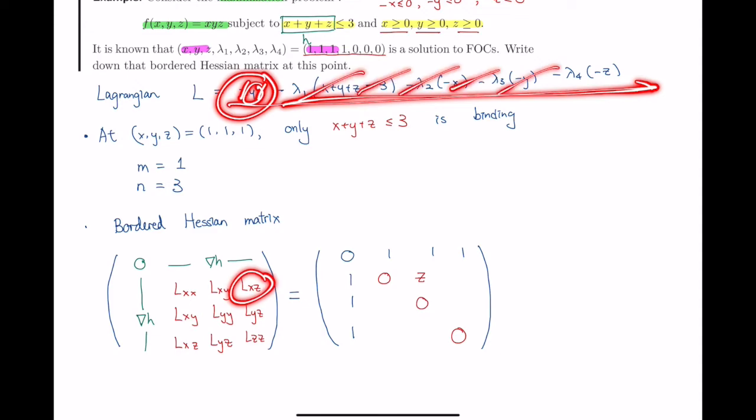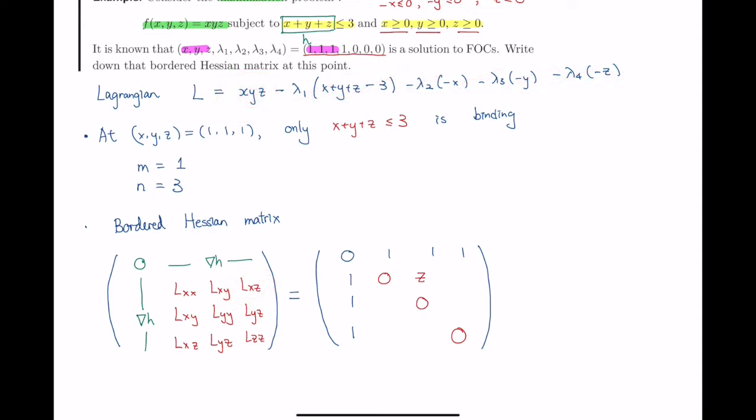So you get just y, sorry. And similarly, this x. And because this is symmetric, once you get half of it, you get the other half for free. So you get z, y, and x.